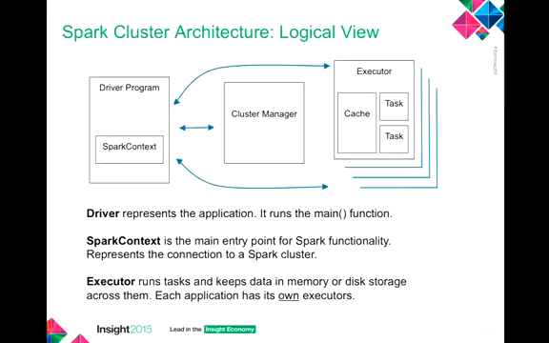In Spark, they don't call it an application, they call it a driver for some reason. So when I say driver, that really is your application. A driver has its main function, and it connects to the cluster manager for scheduling tasks and running them. The cluster manager, in turn, launches these workers.